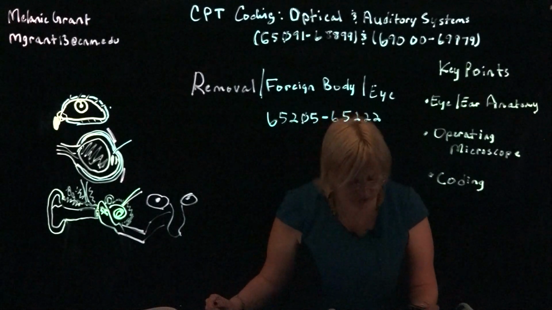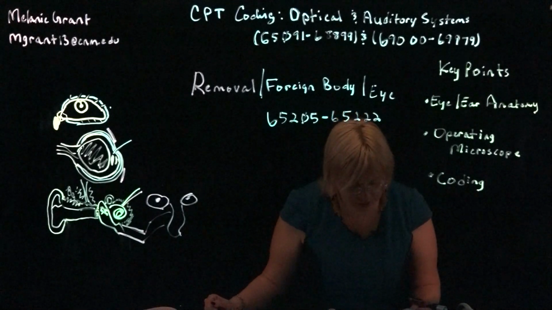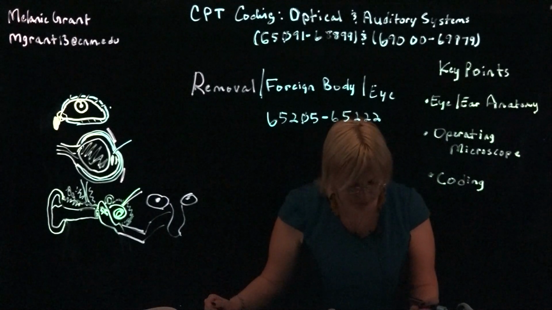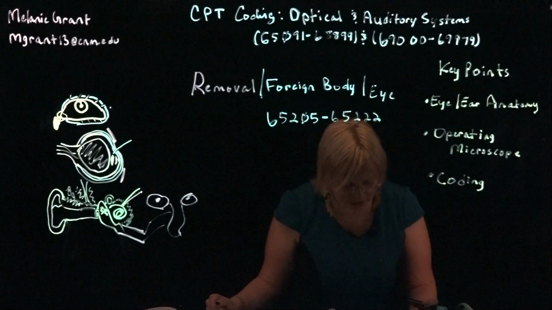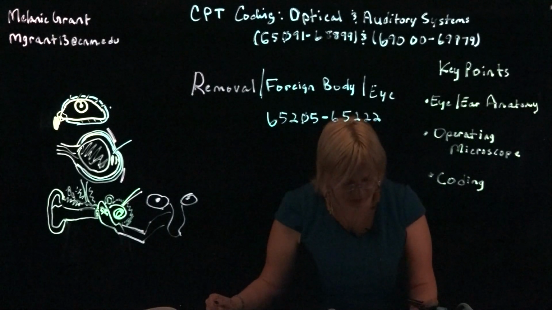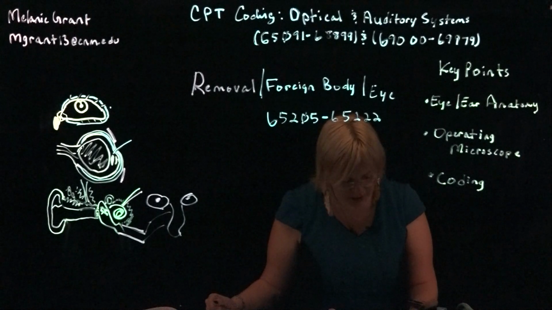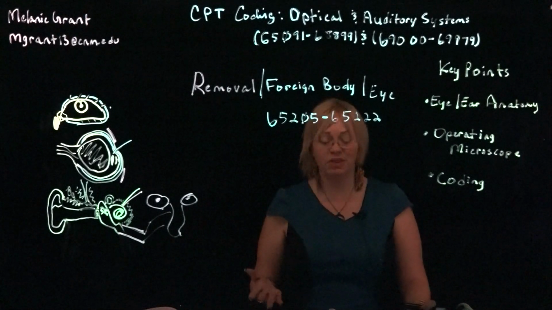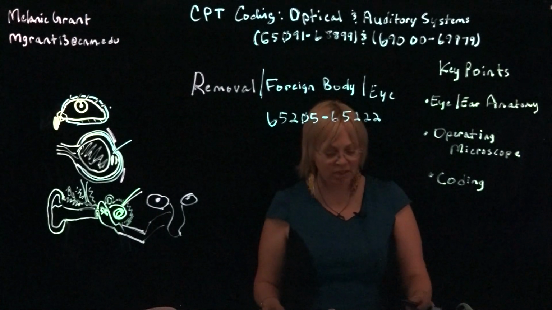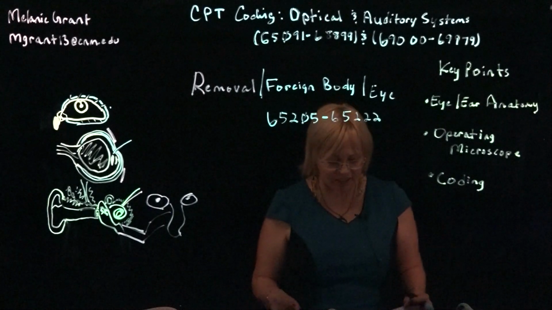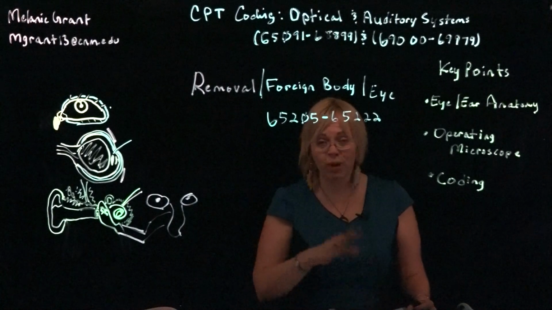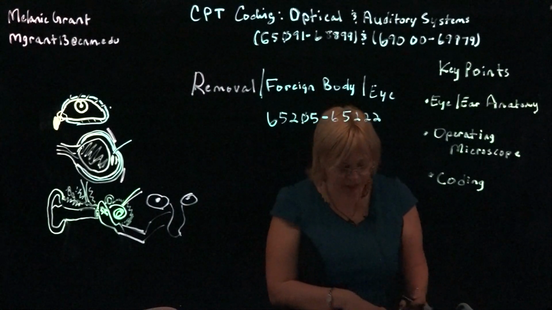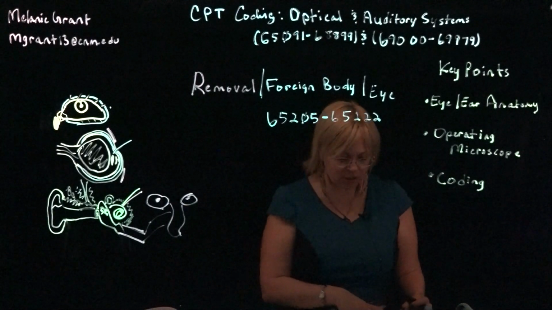If I was removing implanted material, diagnostic x-ray for the foreign body, echography for the foreign body, if it was in the orbit, if it was in the body of the eyelid or embedded, and if it was in the lacrimal system, I would have different codes. So it's just a reference. None of those apply, so I'm going to look at my code options here.